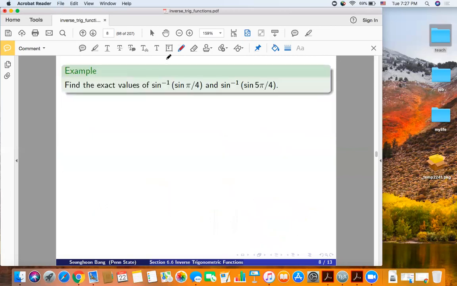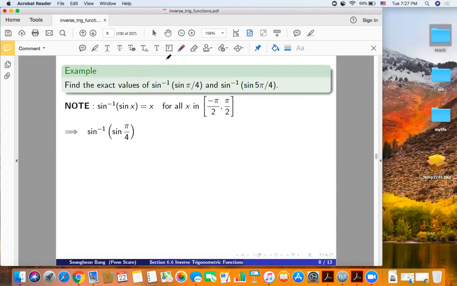We can solve this problem step by step. Next one. Find the exact value of inverse sine of sine pi over 4, and inverse sine of sine 5 pi over 4. The first one: inverse sine of sine x equals x for all x in the domain of sine, from minus pi over 2 to pi over 2. So what is the answer? You can apply this cancellation equation.